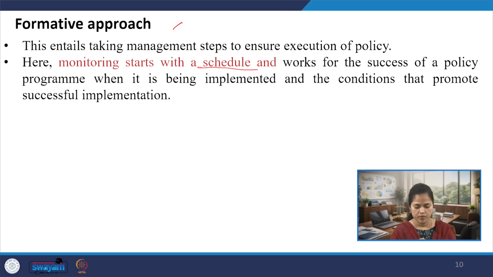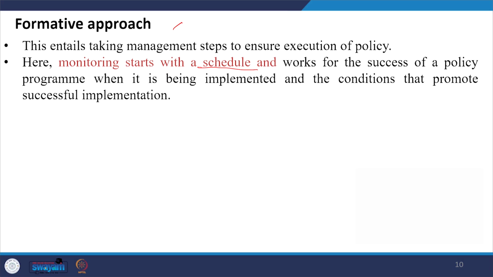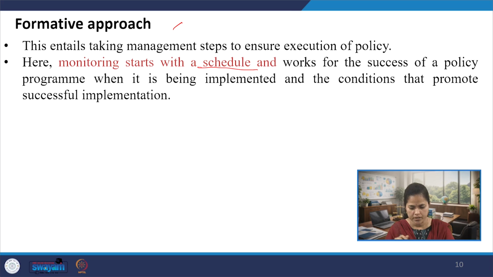When the policy and program is implemented and the monitor is asked to monitor, of course the first thing that should be taken into account is the scheduling of activities. Thereby, when scheduling of activities is done, it creates conditions and also promotes the successful implementation of that said policy or program.